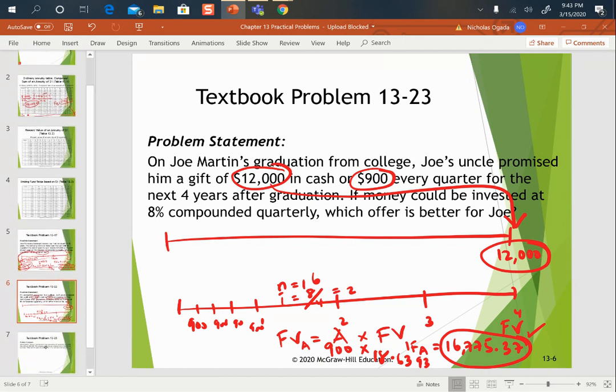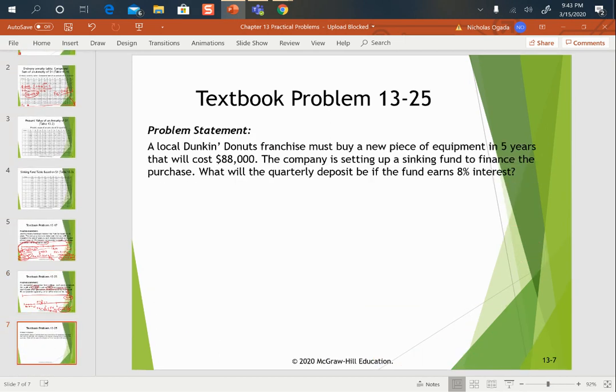The other problem, which is the last problem, is you've been given a local Dunkin' Donuts franchise that must buy new equipment in 5 years, and the cost of the equipment is $88,000. Again, if I do my timeline, we know that you need to accumulate $88,000 in the next 5 years.